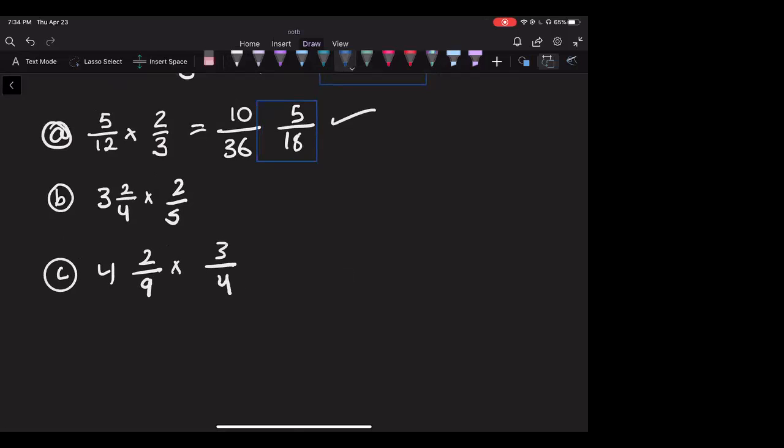And then, are you done the second one? No. Okay, I'll wait. For the second one, is the answer after simplifying 7/5?